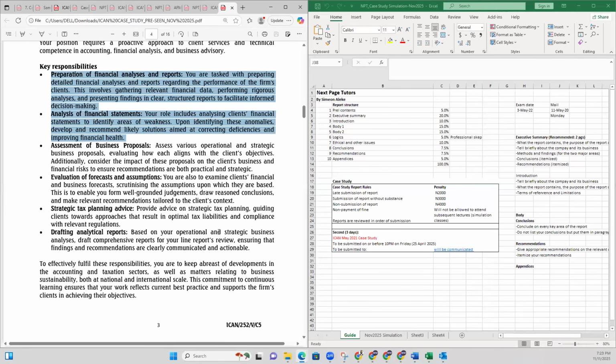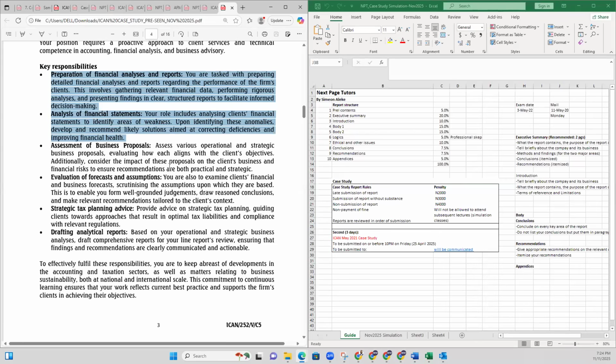By the time we are ready for this case study exam, in the 30 minutes before you enter the exam hall, what you should do is read this Preseen again and read the report we are going to write at the end of the day.